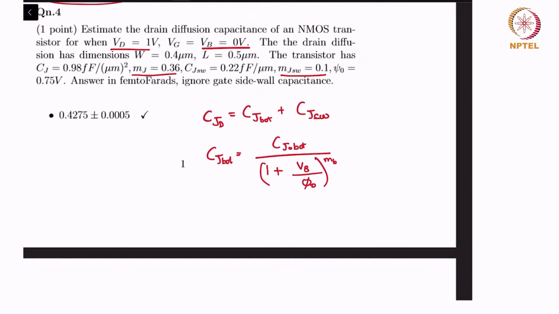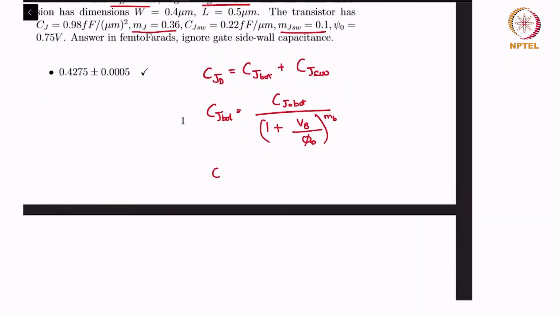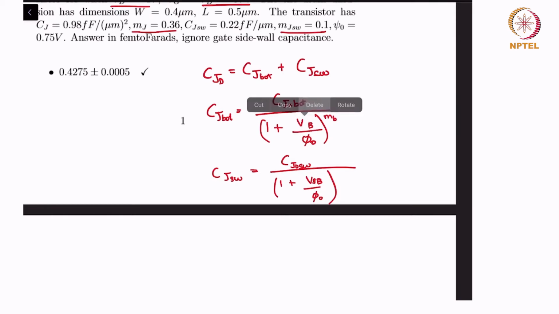So we have to calculate the sidewall with the formula Cj sidewall, similarly Cj naught sidewall divided by 1 plus V bias by psi naught, the whole power MJ sidewall. Here V bias should not be confused as V body, or VSB.